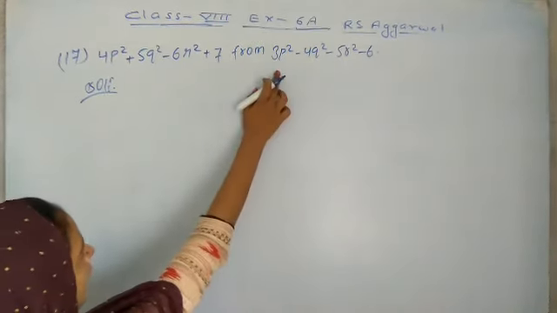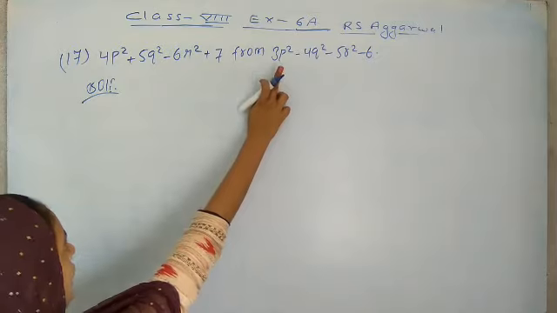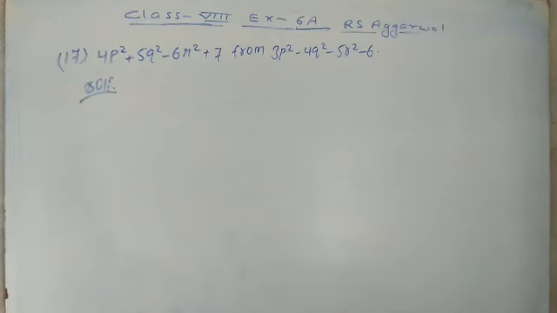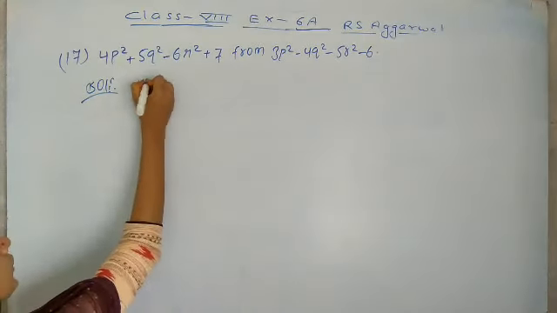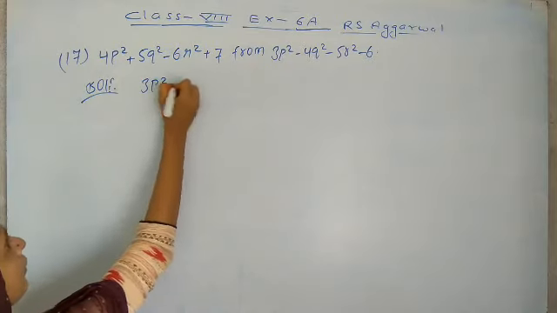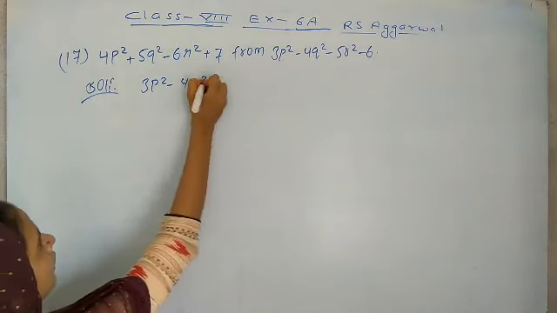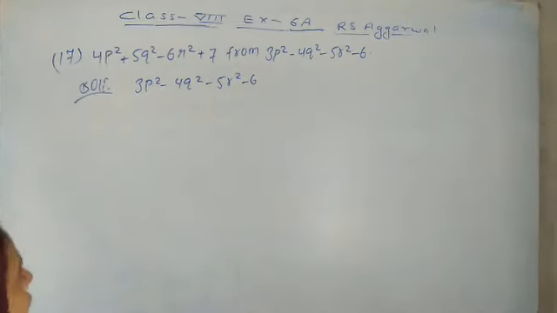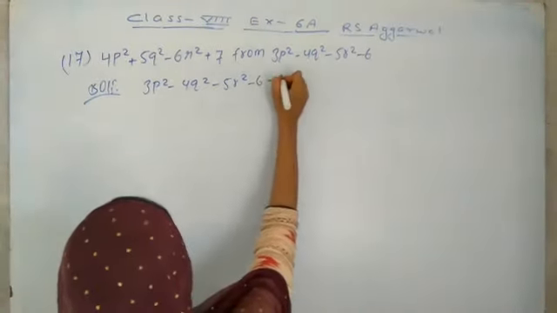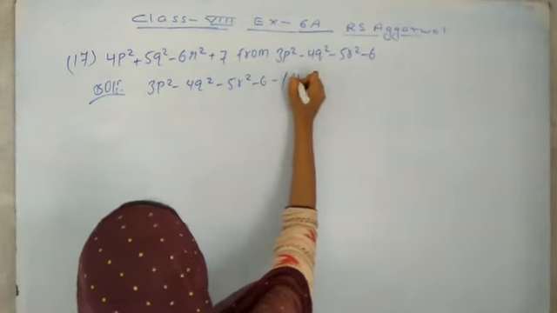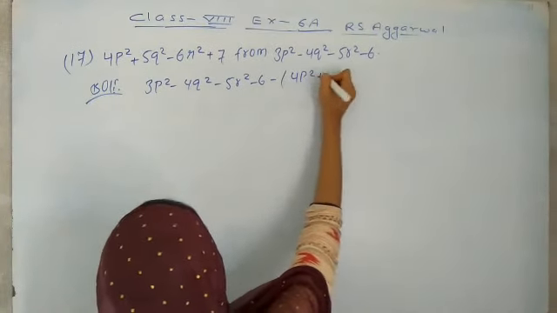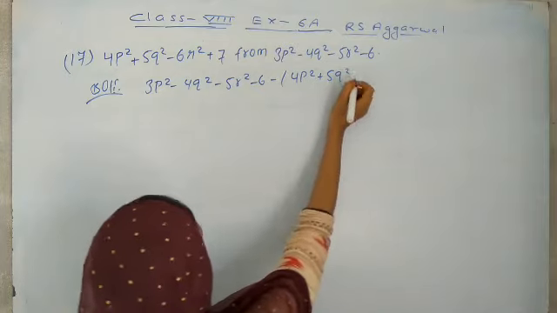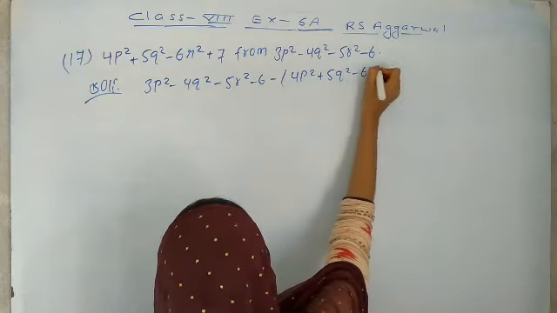We will solve from here because from means minus. We have to subtract 4p square plus 5q square minus 6r square plus 7 from 3p square minus 4q square minus 5r square minus 6. From means minus, and we will put the bracket 4p square plus 5q square minus 6r square plus 7.